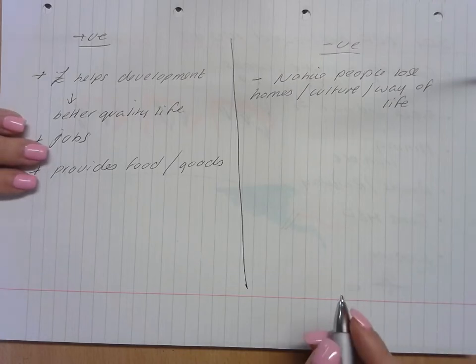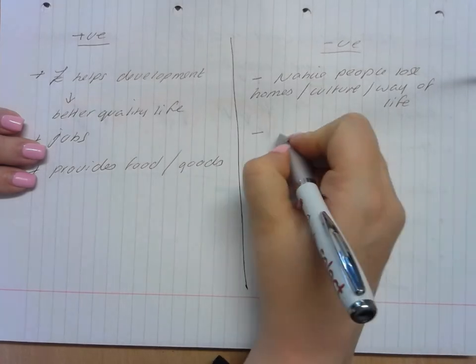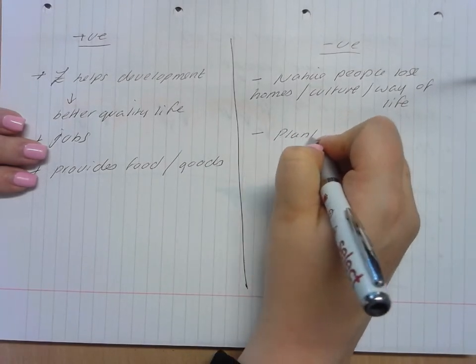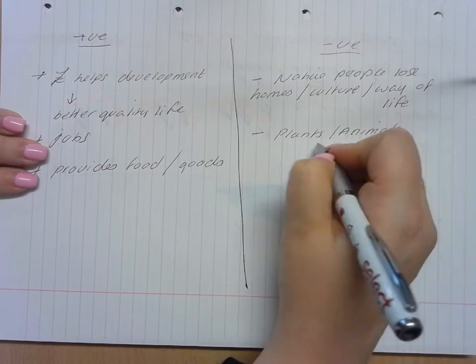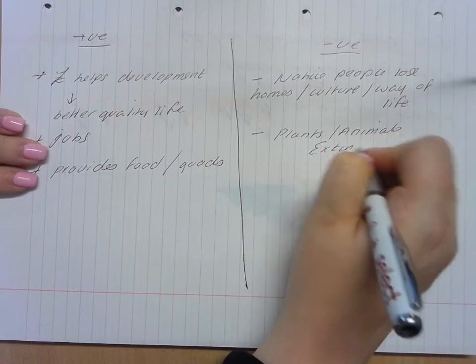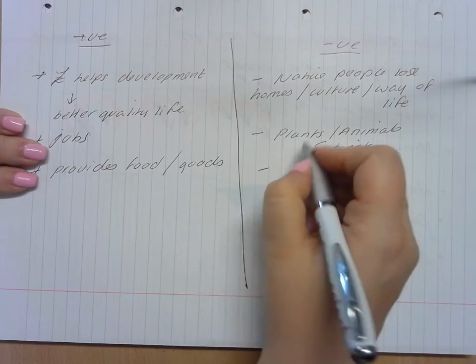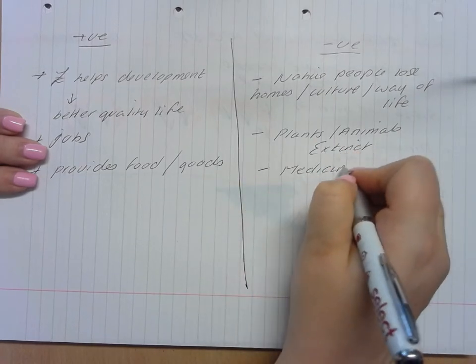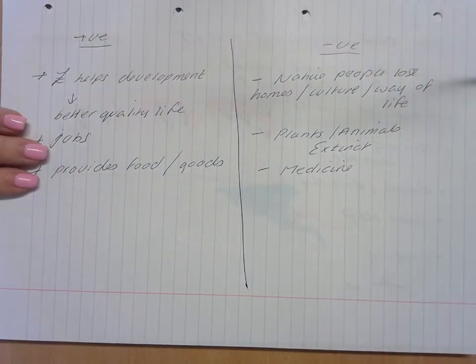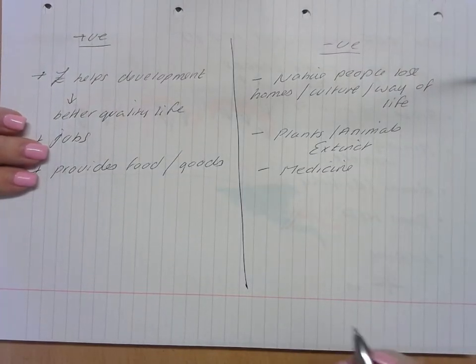Not only does that happen with native people, but also plants and animals. They lose their homes, their landscape, and eventually, unfortunately, some of those will become extinct. And same as there could have been medicine, there could have been cures in those forests, and we've chopped them down.